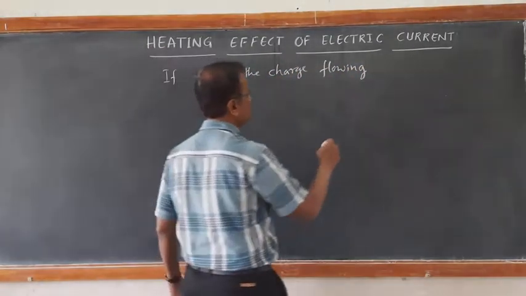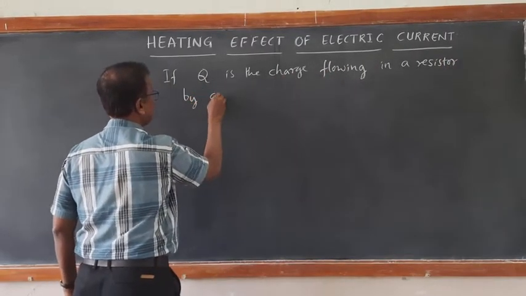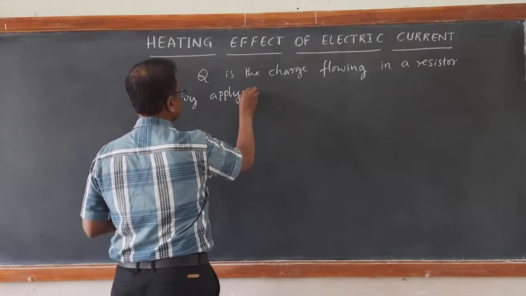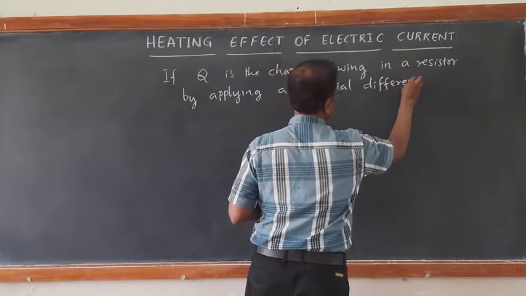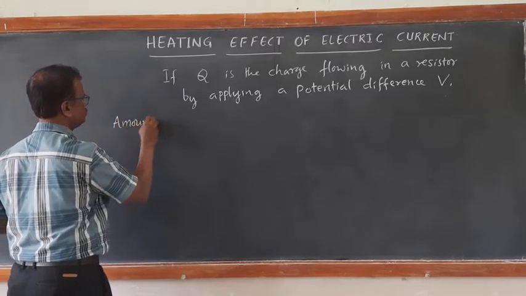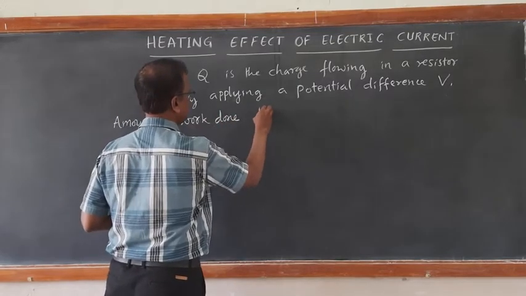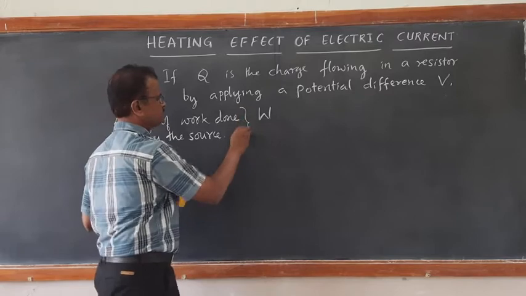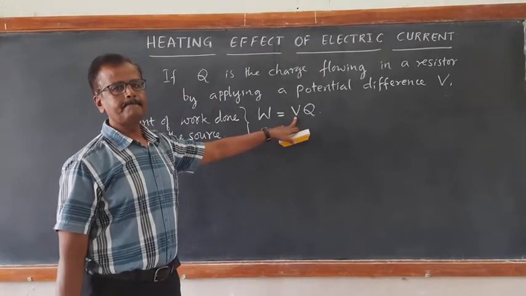If Q is the charge flowing in a resistor by applying a potential difference V, then the amount of work done W by the source, that is, by the battery, is calculated as V into Q. V is the amount of work done per unit charge.